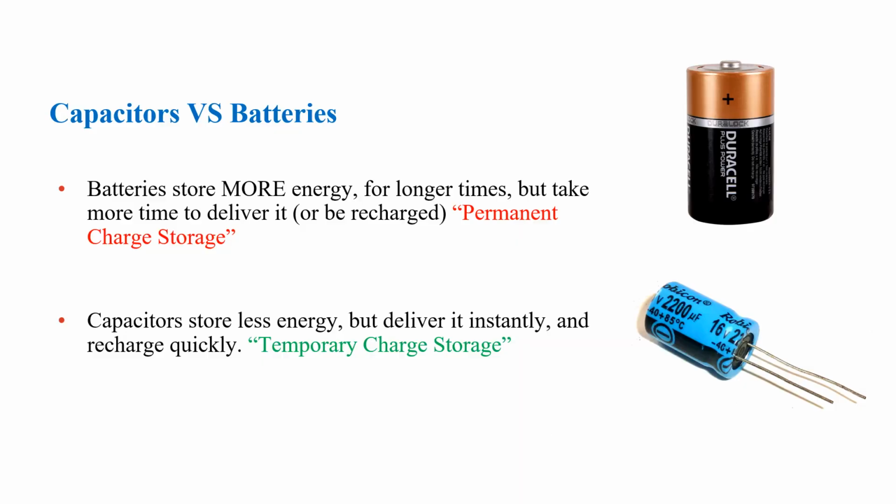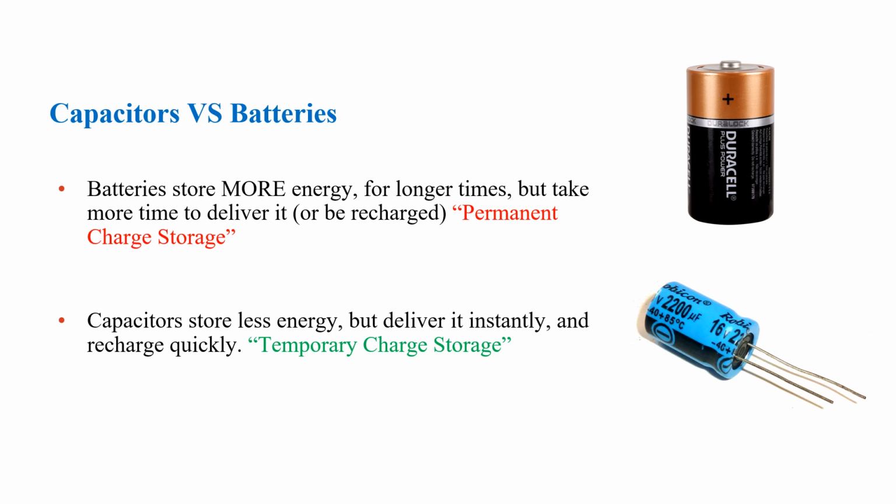Another major difference between capacitors and batteries is that batteries store more energy for longer times, but take more time to deliver it or be recharged. We can say that your battery has a permanent charge storage. Whereas your capacitors store less energy, but deliver it instantly and recharge quickly.